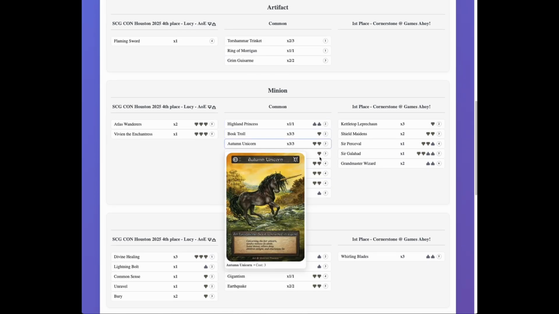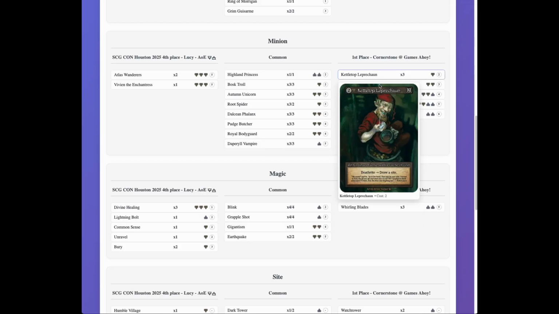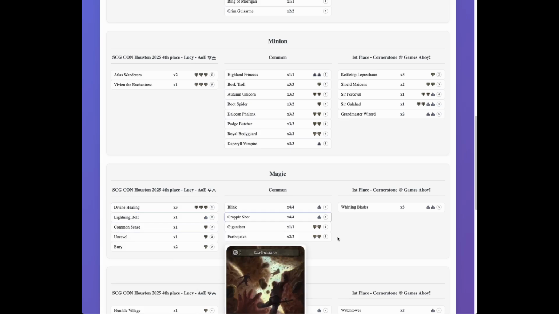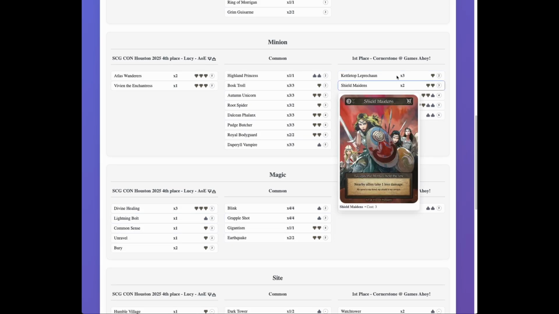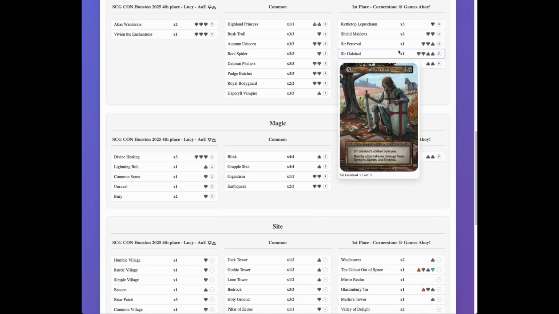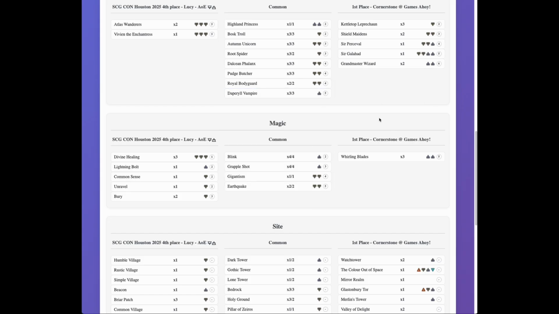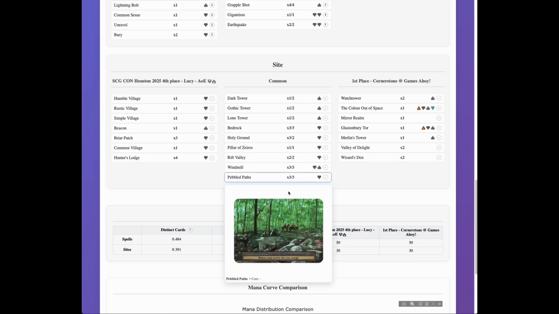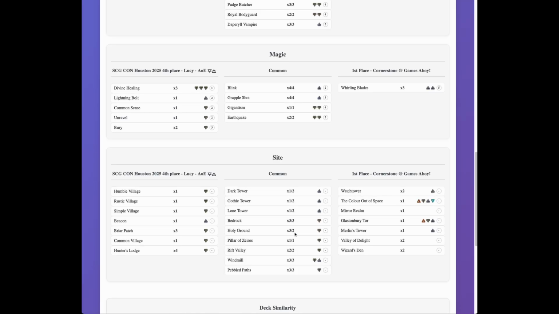But you see a lot of similarity in the minions, and the interesting thing is the avatar of Earth took more magic, while the Druid took more minions. That's an interesting observation that pops out pretty clearly from this. So this is a little less similar, but still quite similar.